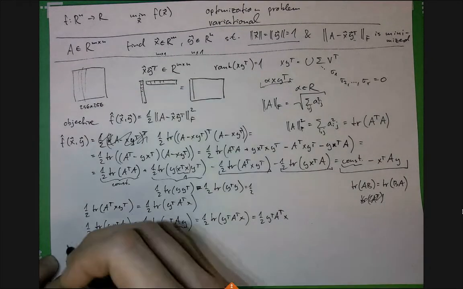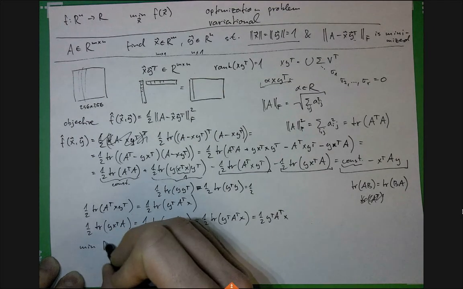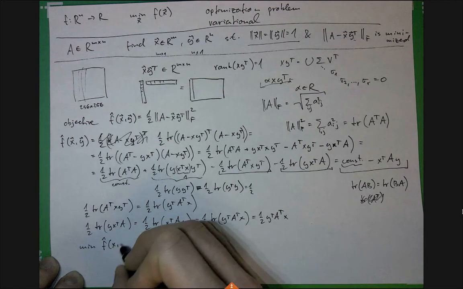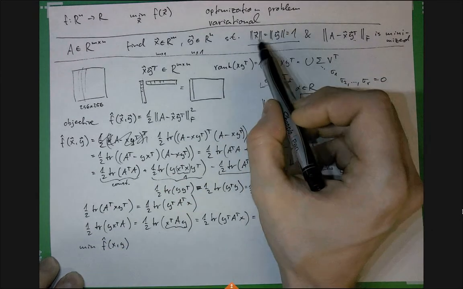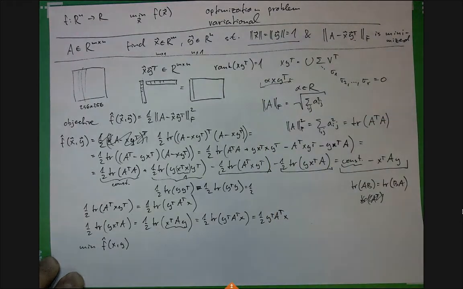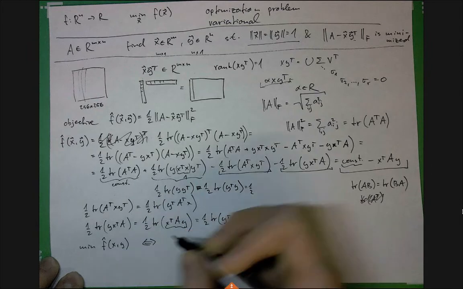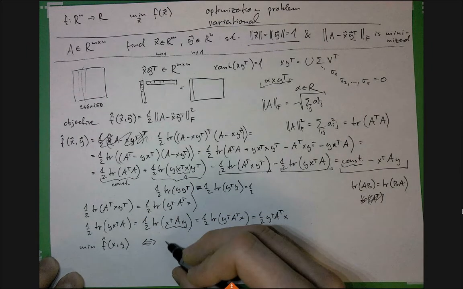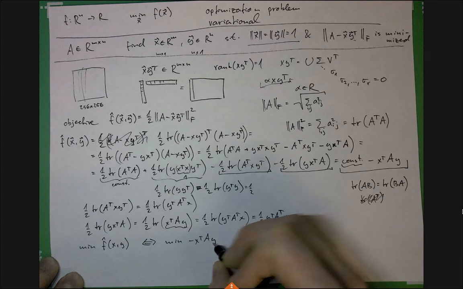Because that means that minimizing this fxy over x and y such that the norm of x is 1 and norm of y is 1, I will not just do it again, just remember that, is equivalent to minimizing this minus xtay, right?